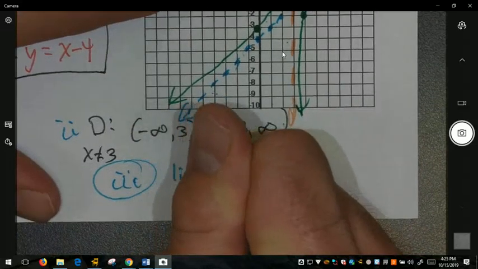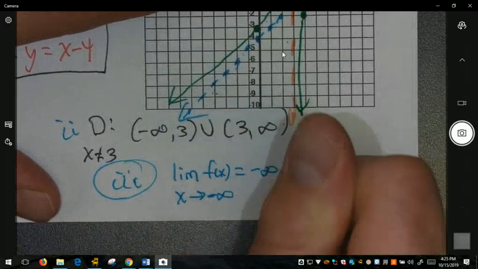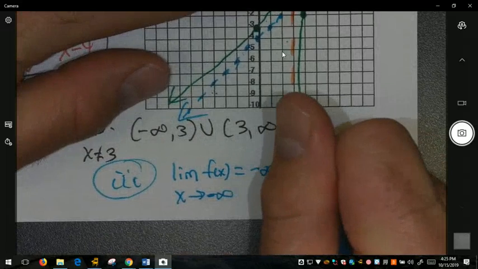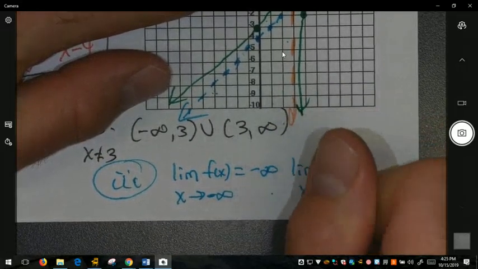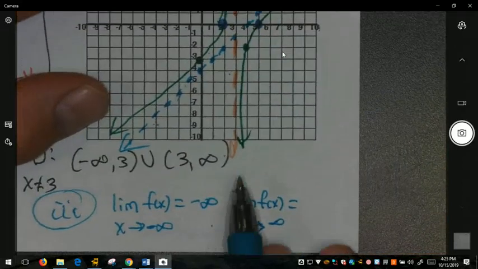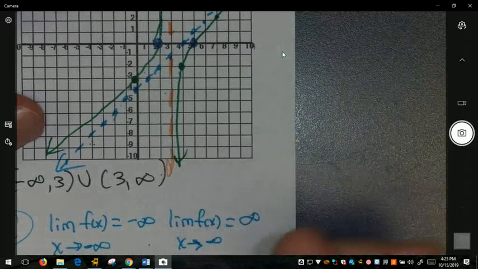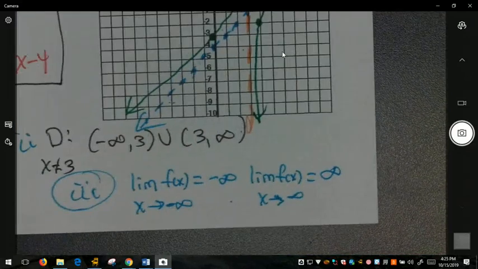In this case, the limit of f of x as we go to the left is negative infinity. There is no limit. It's going to shoot down infinitely. And the limit of the output, f of x, as we go to the right: there's no horizontal asymptote, so there is no limit. It is shooting up infinitely. The outputs are getting higher and higher in a positive direction.